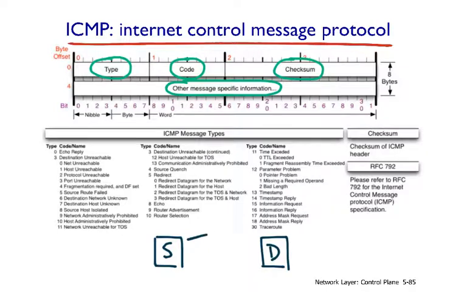So when pinging the destination, I send an ICMP packet of type 8, which is an echo request, and if the destination sends me a response, a reply, I receive an ICMP packet of type 0.